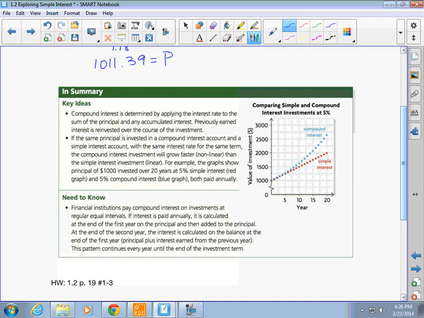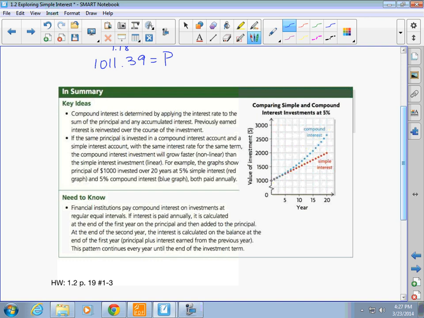If the same principal is invested in a compound interest account and a simple interest account with the same interest rate for the same term, the compound interest investment will grow non-linearly, faster than the simple investment. The simple investment is always going to be that straight line, whereas the compound interest is that blue one, more of a quadratic looking curve.